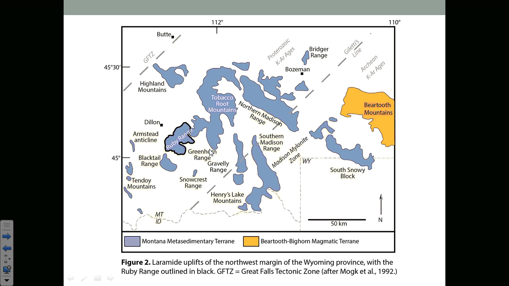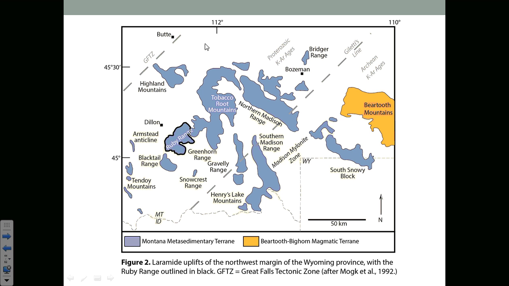Up until the last decade or so, it really hasn't been recognized how extensive the reworking of these rocks could be, and the potential that it's not actually all Archean, that some of the material might be accreted Proterozoic crust in these ranges.